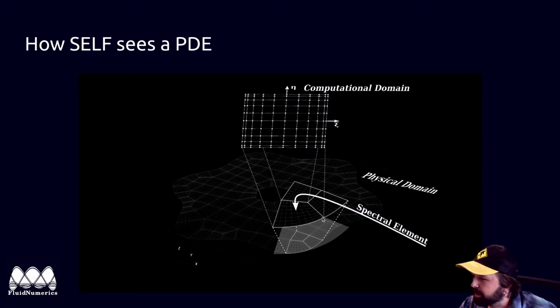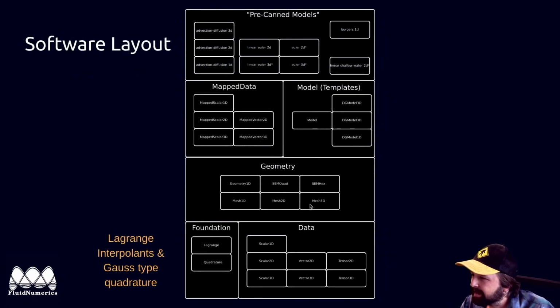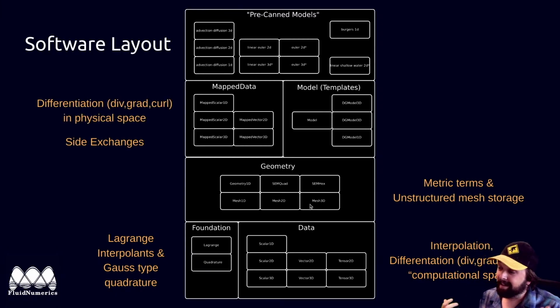And I need to be able to share the information in the correct orientation on those edges. That's all handled inside of that mapped data class. And what's nice is that it allows us to hide all the MPI stuff inside of that so that you never really have to worry about it. All of that's taken care of for you down below.